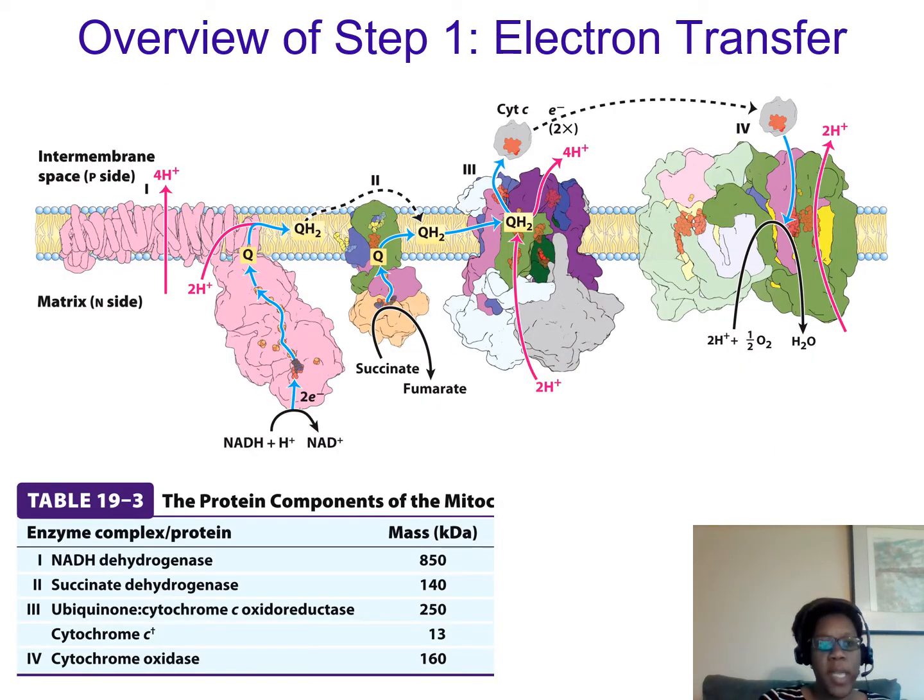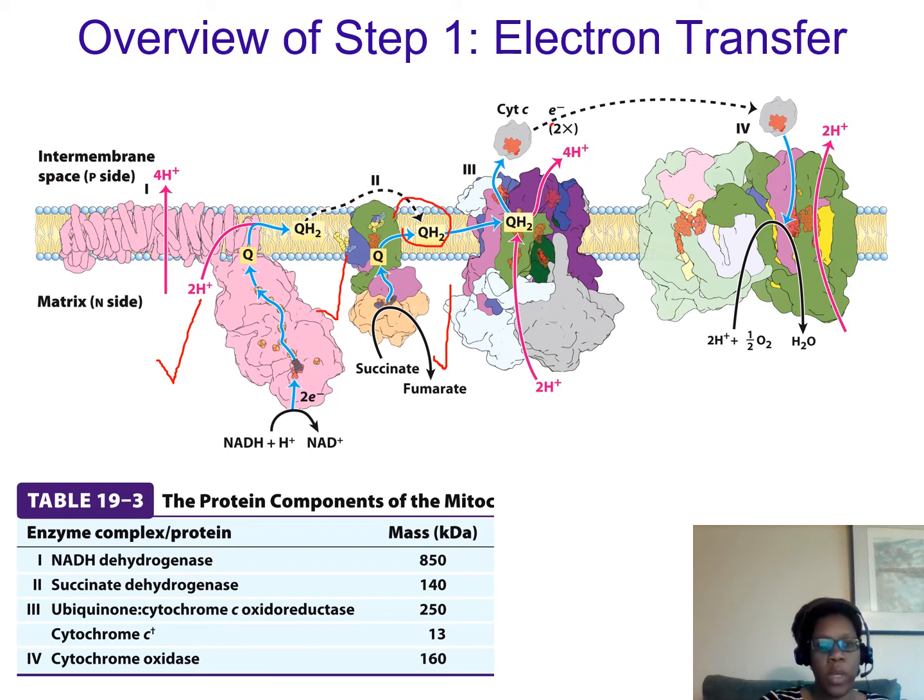Okay, so we have passed along electrons from complex 1, our NADH dehydrogenase, and complex 2, our succinate dehydrogenase, to QH2, and QH2 takes those electrons to complex 3, and finally we have those electrons being carried by cytochrome C. So cytochrome C is going to take those electrons to complex 4.